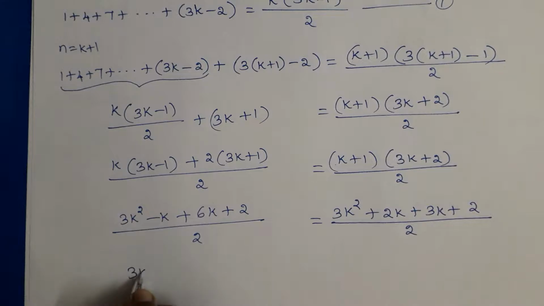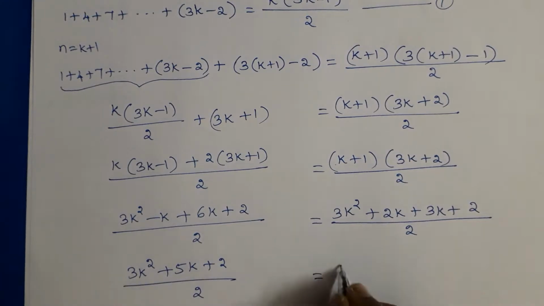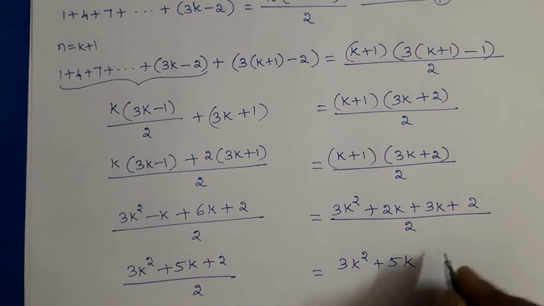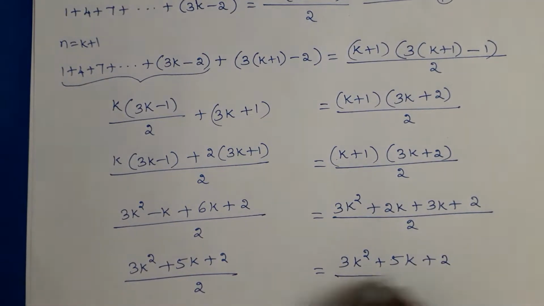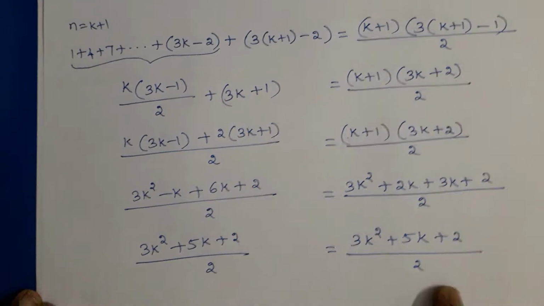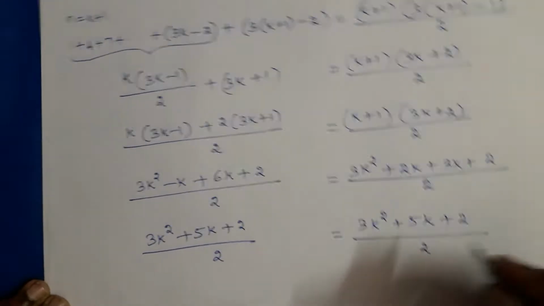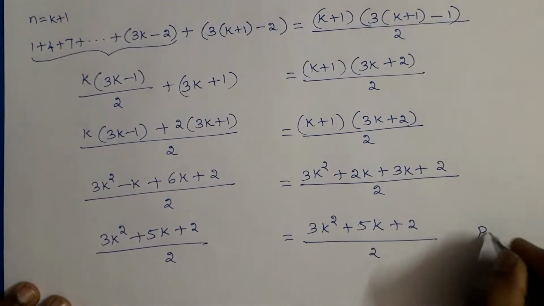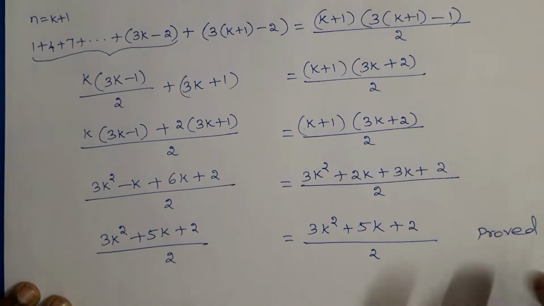So 3k square plus 5k plus 2 divided by 2 is equal to 3k square plus 5k plus 2 divided by 2. So the left hand side of the equation is equal to the right hand side. So S of k plus 1 is also true. S of k plus 1 is also proved.